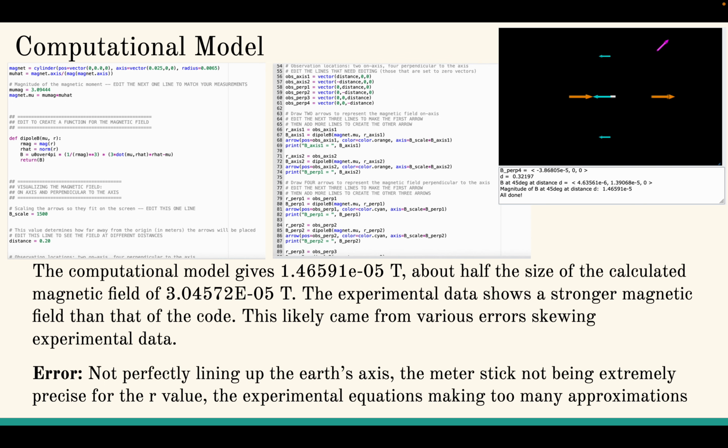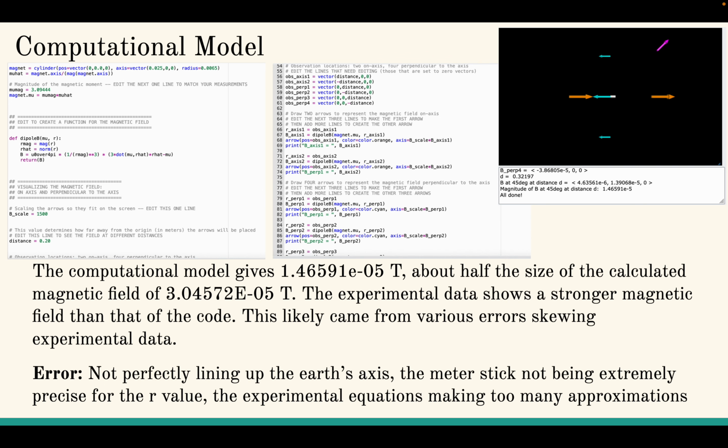This probably came from some errors that are skewing the experimental data, since the code is using a much more complicated model. So it is more likely that the experimental data is a little bit off somehow. Some of the errors that could contribute to this, as I mentioned, is not perfectly lining up with the Earth's axis. So that part of the Earth's magnetic field is contributing to the magnetic field that we found.